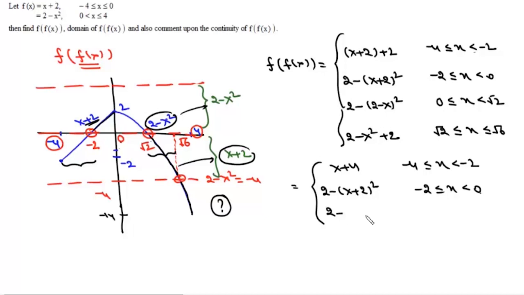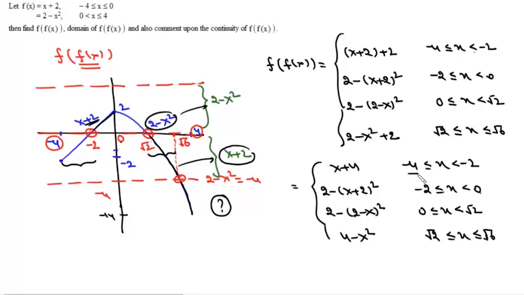This is 2 minus x whole square when x lies between 0 and root 2, and then it will be this 4 minus x square when x lies between root 2 and root 6.